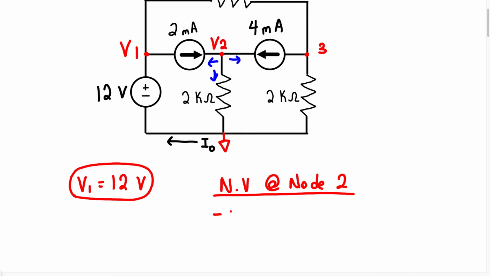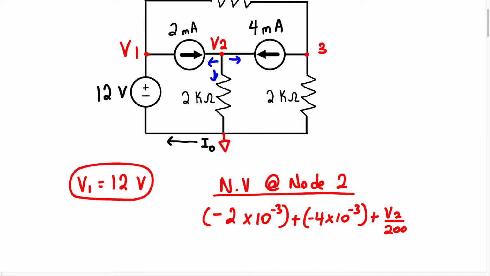So we're going to have negative 2 times 10 to the negative 3, plus we have this current source that's also entering this node. So we're going to treat it as a negative current. We have negative 4 times 10 to the negative 3 plus, and finally we have this current going in this direction right here. So we're going to have V2 minus the ground node, which we know is just going to be 0. So we can say V2 over 2000, and all of that must equal 0.